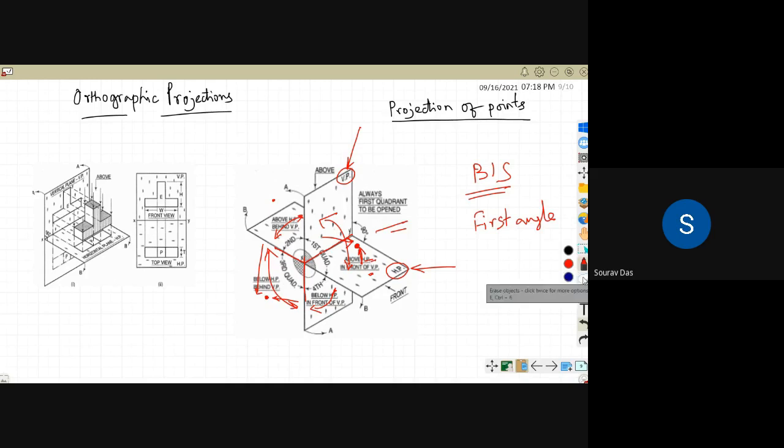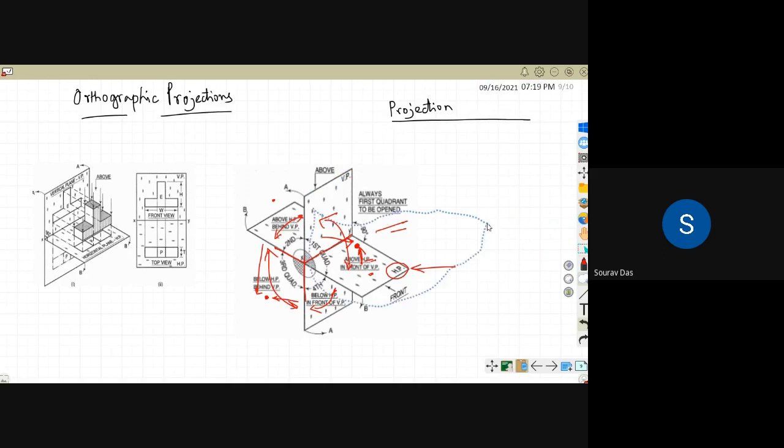Now if we talk about projection of points, let's say a point is situated in the first quadrant.